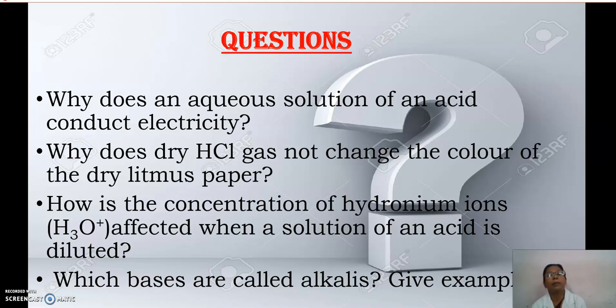In the presence of water only, acid can ionize into H plus ions, because these H plus ions are the reason for the acidic property. That means blue litmus turns to red due to the presence of H plus ions with water. So if it is dry, it cannot ionize. In the absence of water, this is not happening.